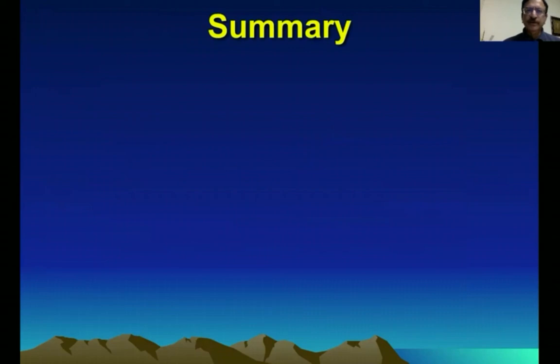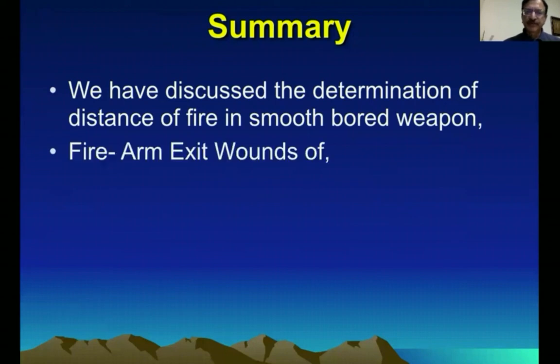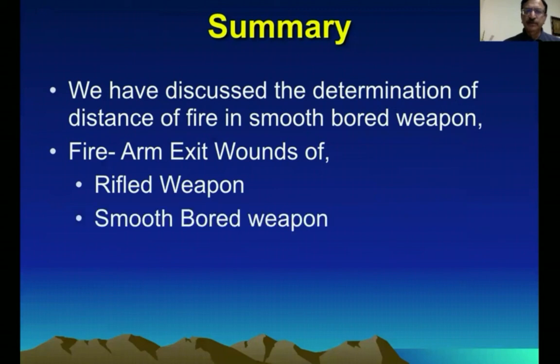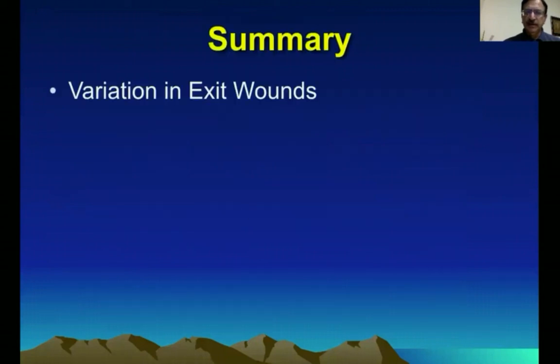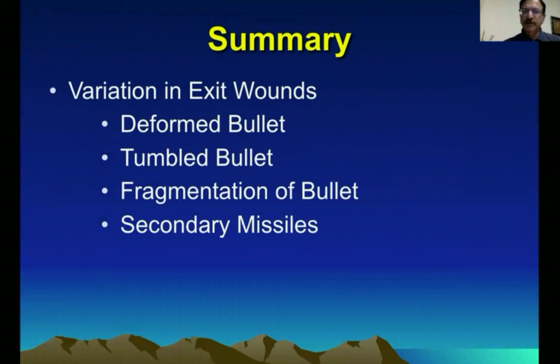So the summary of this lecture is that we have discussed the smoothbore weapon, distance, firearm exit wounds of both the rifled and the smoothbore weapons, and variation in the exit wound made by deformed bullets, tumbled bullets, fragmentation of bullets, or secondary missiles.